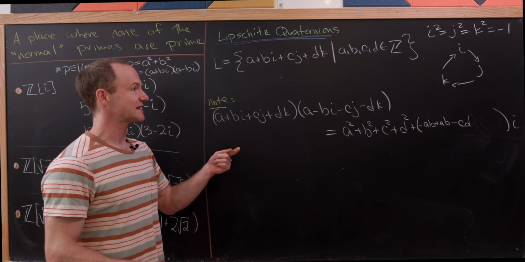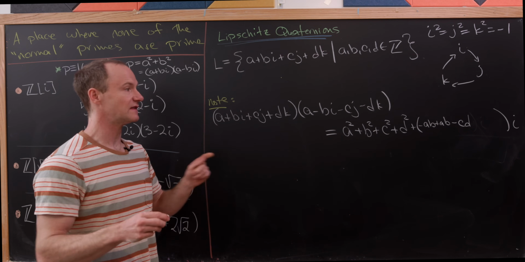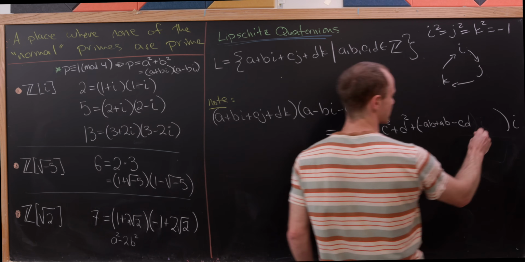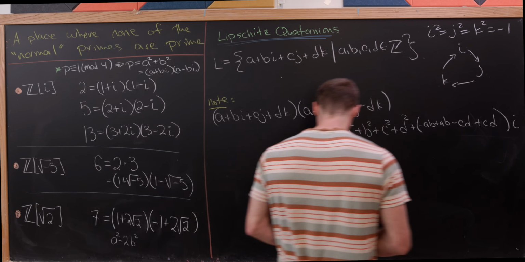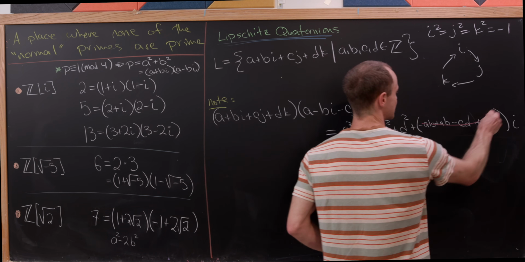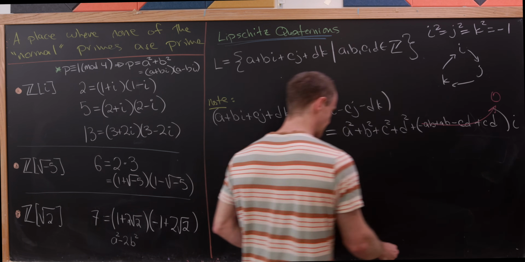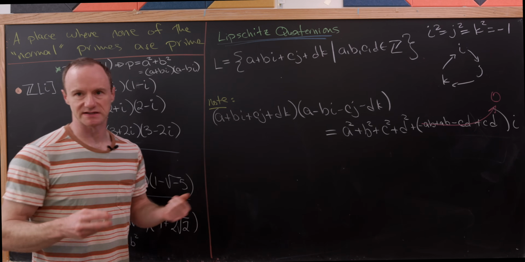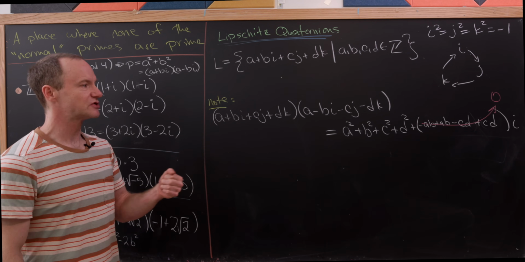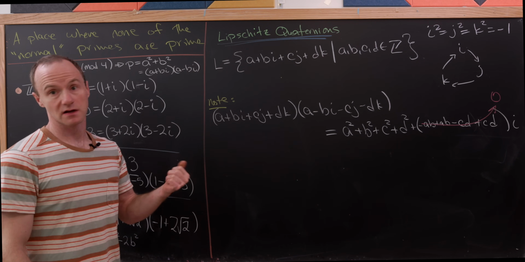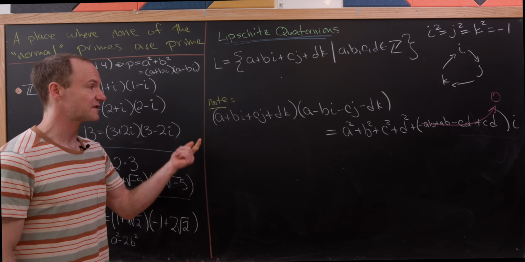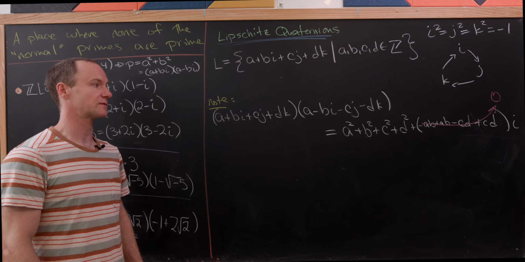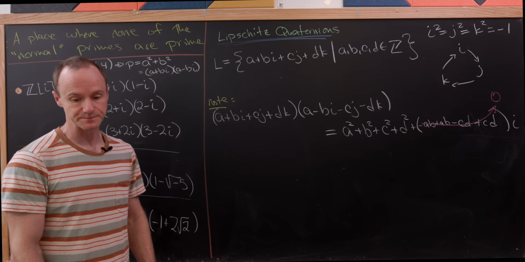Well, that's going to be equal to negative i. So in the end, you get a plus sign there. So here we get plus cd. But the important thing here is that this zeroes out. Notice that everything is attached to its negative in some way. And this will be true for the j and k components as well. So here we get this number, a squared plus b squared plus c squared plus d squared.